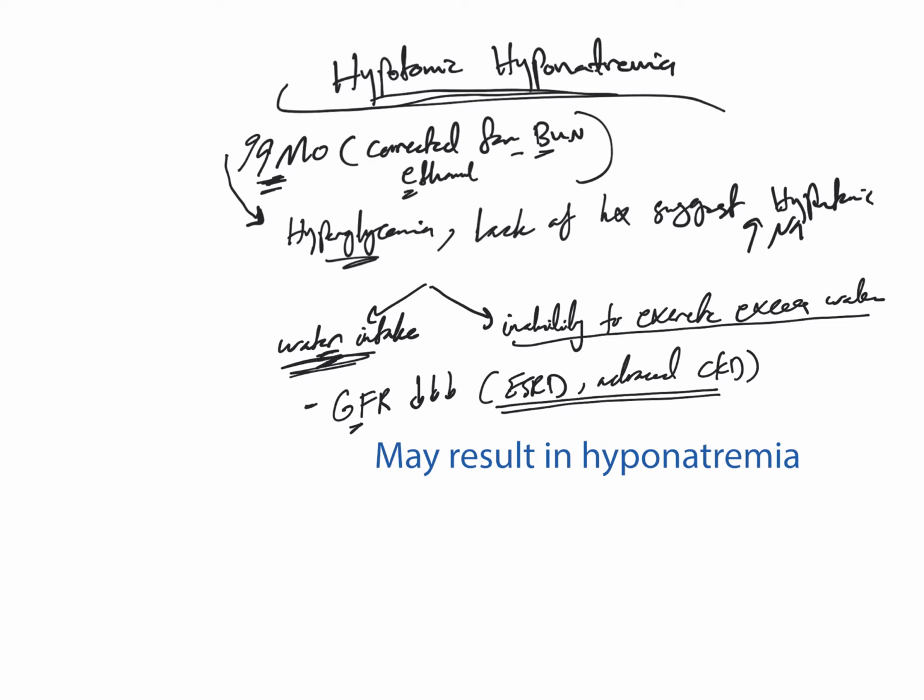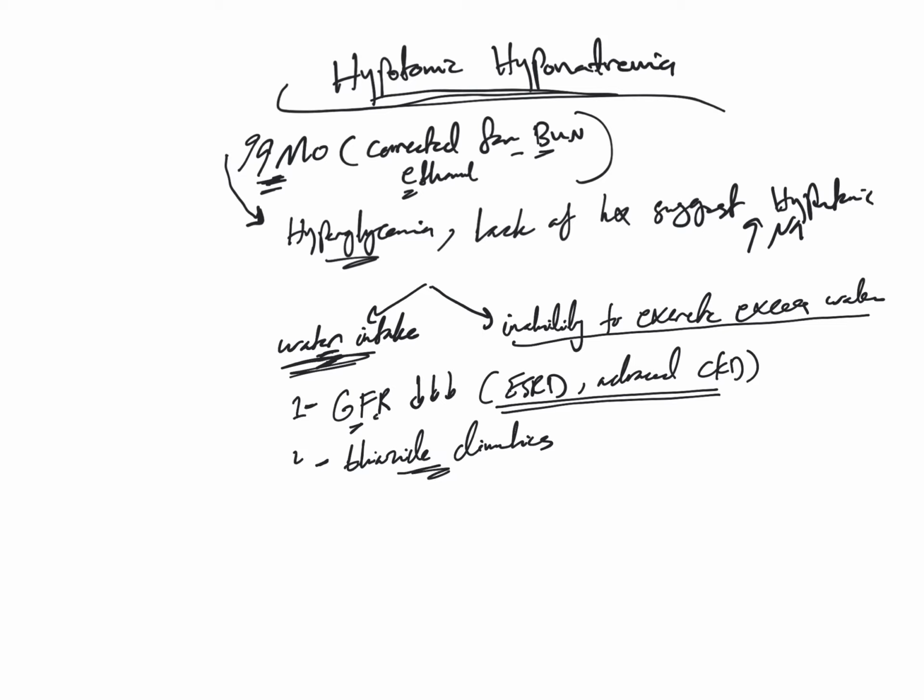If their kidney function is good, the next question is, are they receiving any thiazide diuretics? This is before you do anything else. You ask these two questions. If kidney function is okay, are they on thiazide? If they are, mainly HCTZ, mainly in the elderly, then this is the culprit of hyponatremia until proven otherwise.